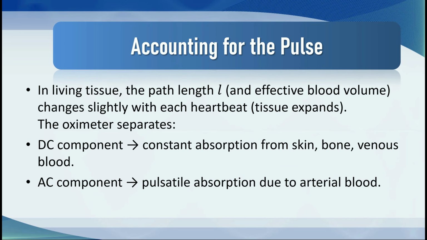But to keep this simple, in living tissue, the path length and effective blood volume changes slightly with each heartbeat. Tissue expands. The oximeter separates the DC component, that's constant absorption from skin, bone, venous blood, and capillaries, and the AC component, the pulsatile absorption due to arterial blood.